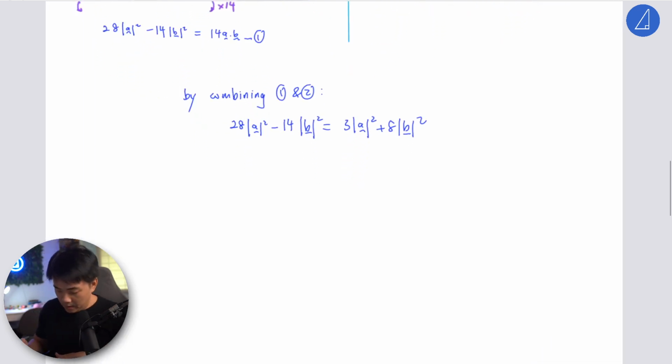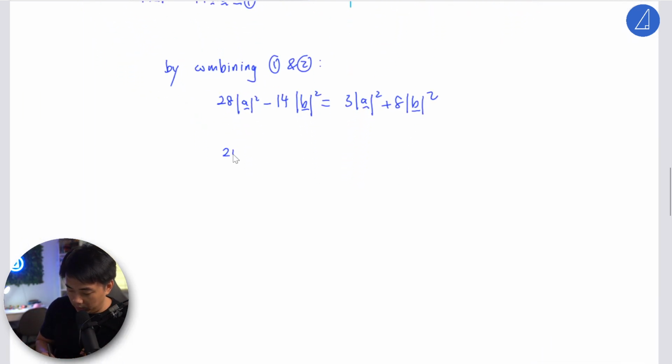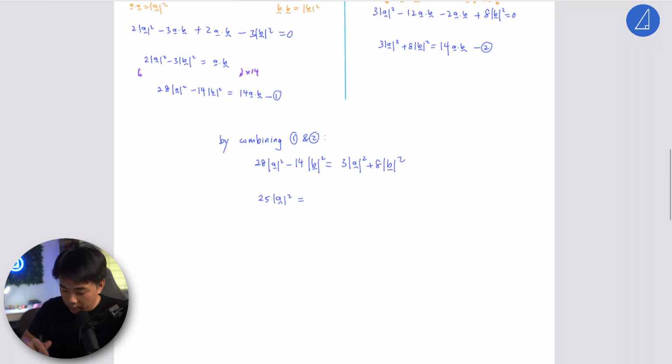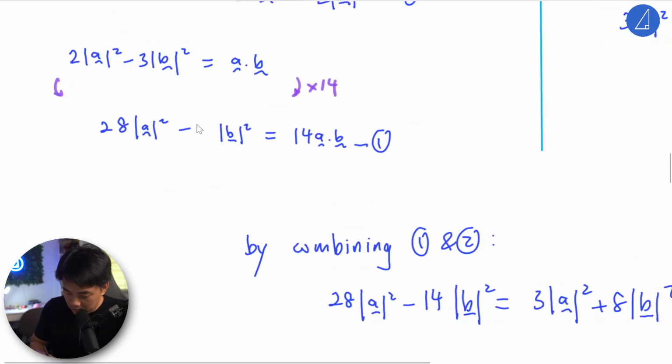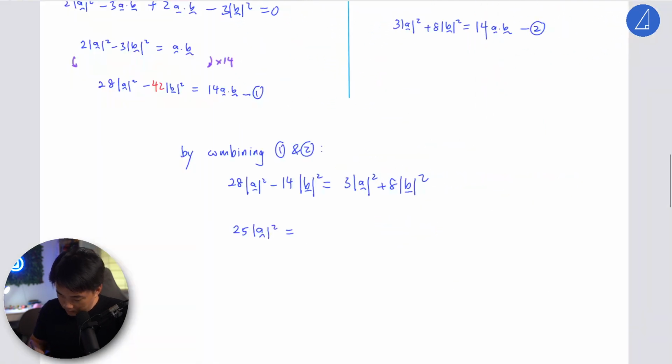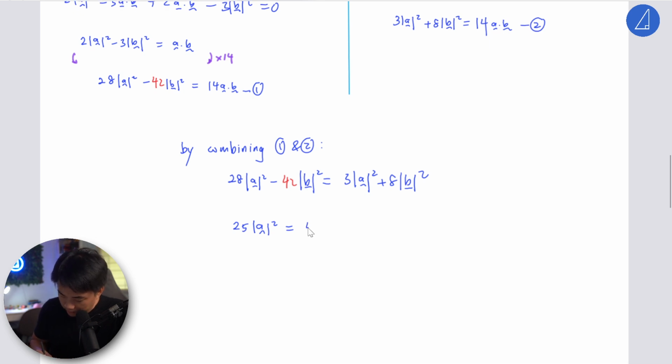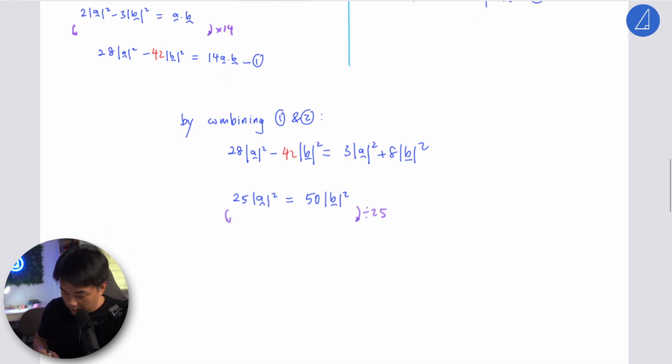Once you combine them, this is 4 mod a square, and then, sorry, I wrote it wrongly, this is 42. 42 over here, you get 50 mod b square. Then we just divide by 25. You get a grand total of mod a square equals 2 mod b square.